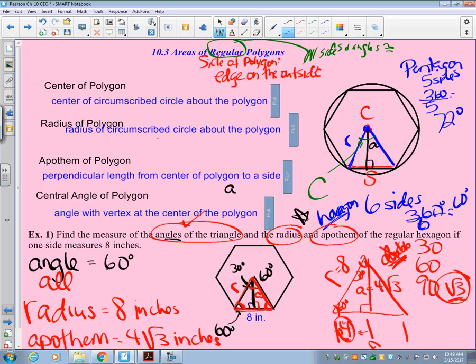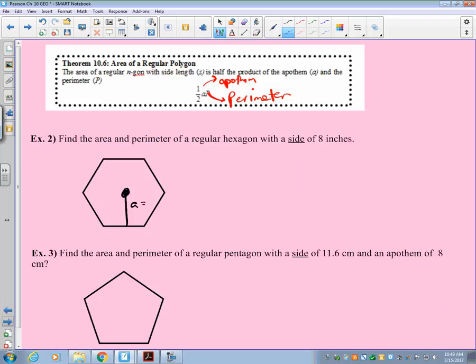Oh, 4 root 3. It's the same hexagon that we did on the previous page. So we're trying to find the area and perimeter of the regular hexagon, and I'm going to find the perimeter first because I need that to find the area.